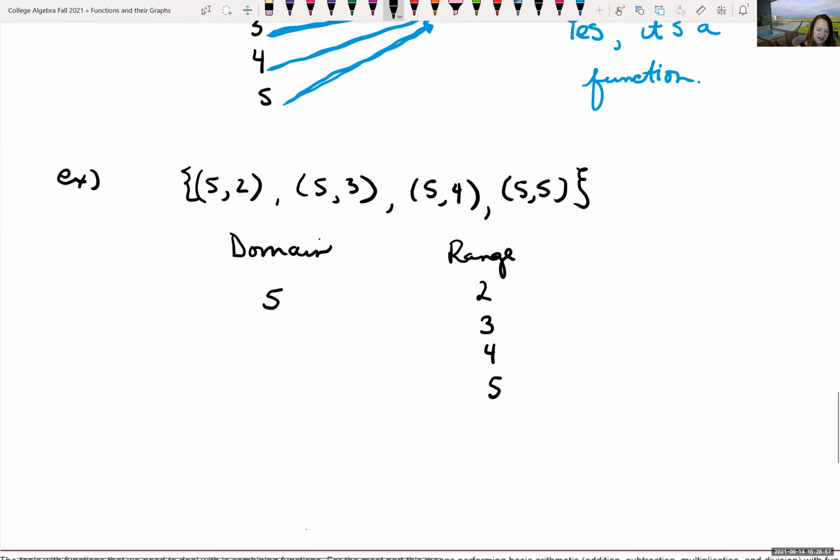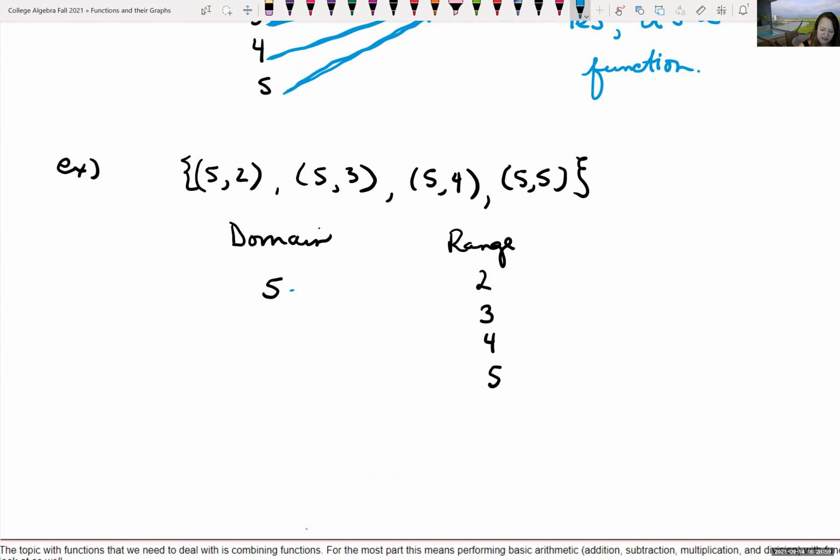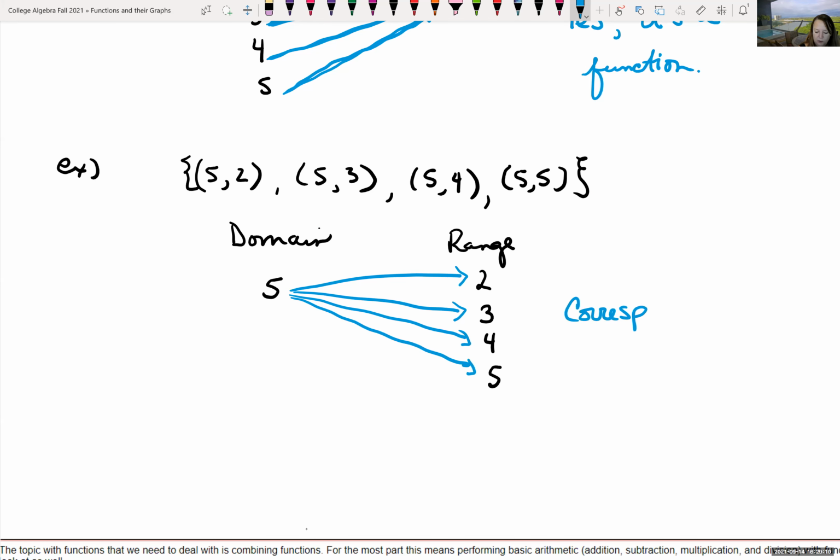But our domain, 5, what's in that domain is going to more than one output. Okay, messy now. So this is not a function.